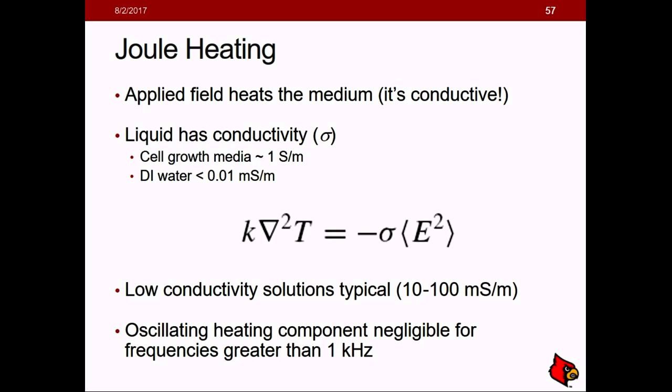So if you go from DI water to cell growth media, that's a very large swing in conductivity, and you will get significant heating. For that and other reasons, low conductivity solutions are typically used for cell growth media or cell testing media, on the order of tens to maybe low hundreds of millisiemens per meter.